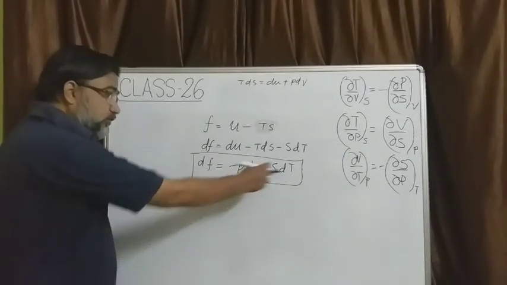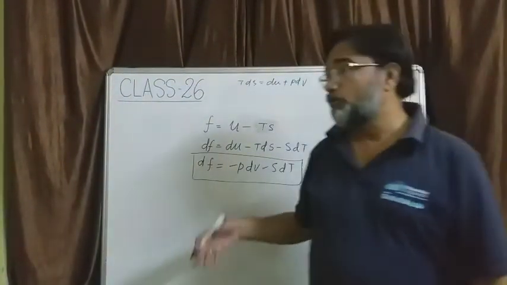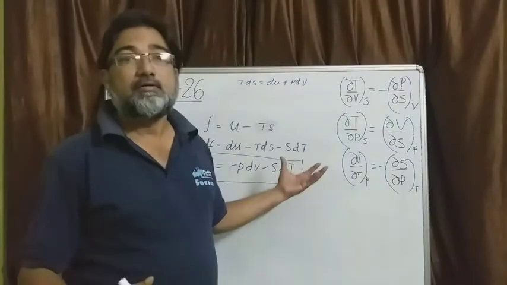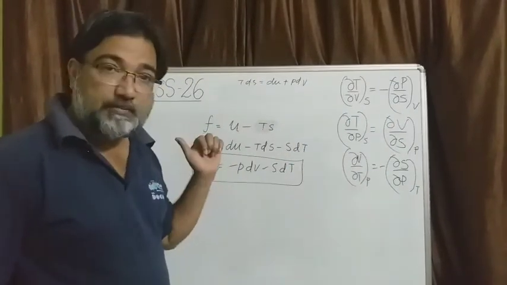Now this is also in the form of dz is equal to Mdx plus Ndy. So we can again take out another relationship using that mathematical theorem.